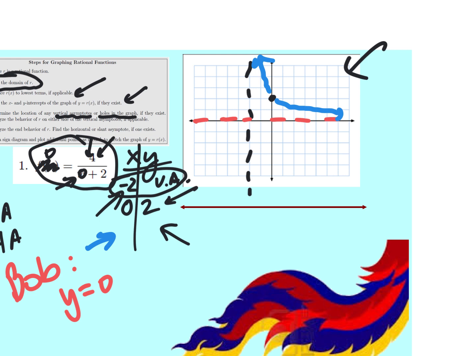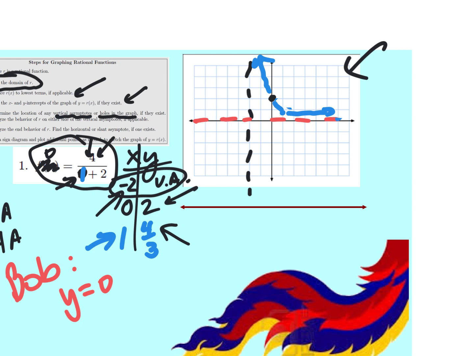Positive 1, we can do that. I'll put in a 1. And then I have 4 over 3, so over 1, up 4/3. And I guess it went a little lower than I thought, so I'm going to adjust my graph. But it's still kind of heading the way I thought it was going to.